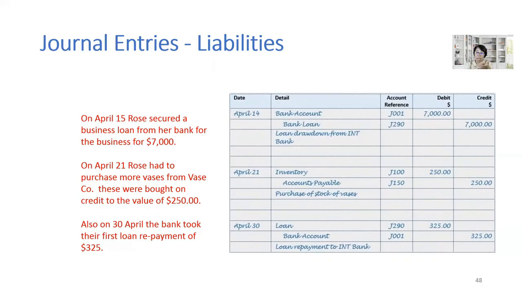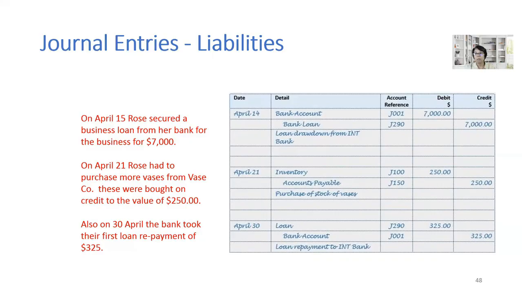And so here's the entry. Remember I said you always put the debit first. So we're going to put the loan. Oh yeah, bank loan. It's the same, bank loan and loan. They should have said bank loan here. And $325.